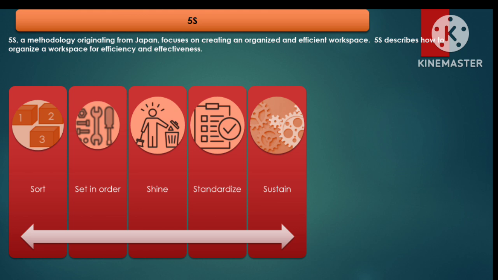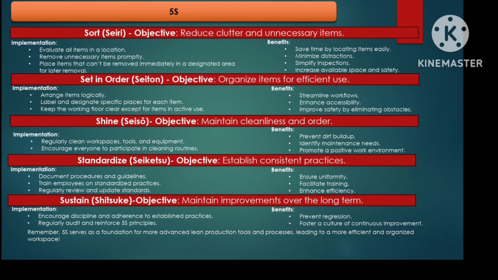Let's deep dive into each one. Sort. Reduce clutter and unnecessary items by sorting your services, products, materials, and parts, whatever you are offering. Whatever stream you are in, this sorting process is very necessary. Doing this helps you save time by locating items easily, minimizes distractions, simplifies the process, and increases available space and safety.